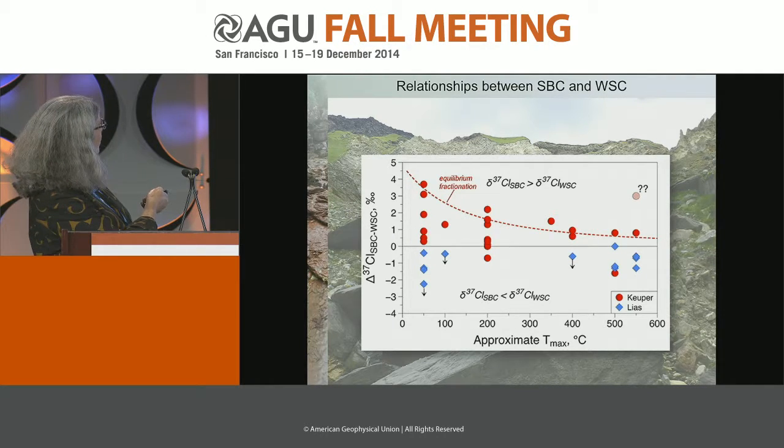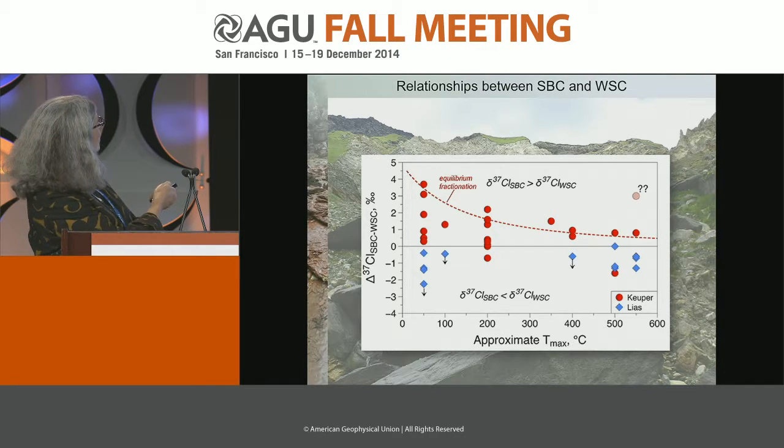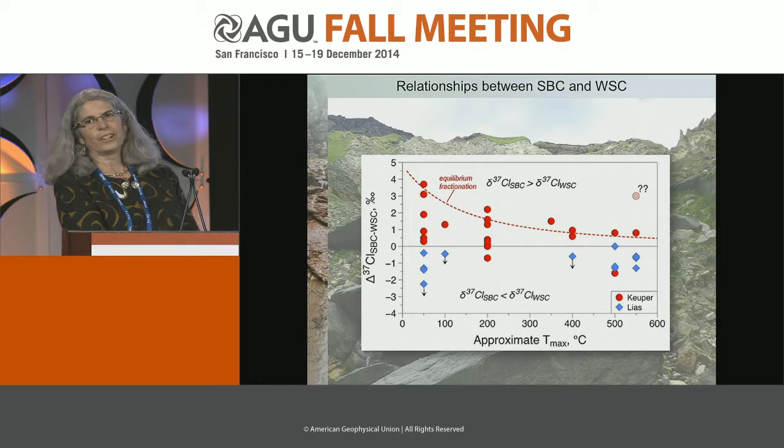All right, positive values here mean that the isotopic composition of the structurally bound component is higher than that of the water-soluble component. And you can see for the Kuiper samples, the red dots, they essentially all, except this one right here, show that relationship. And this dashed line here is the equilibrium fractionation curve.